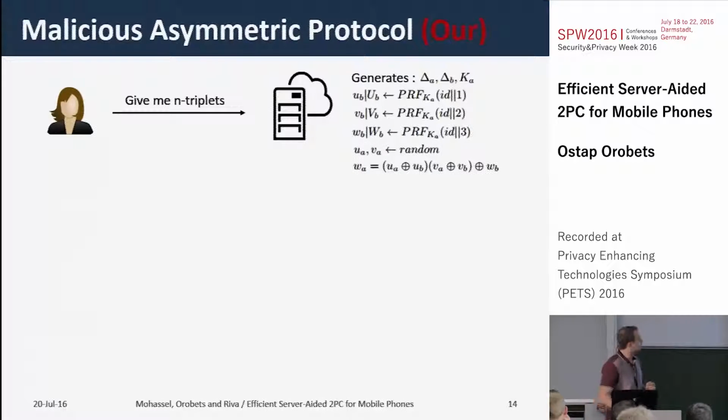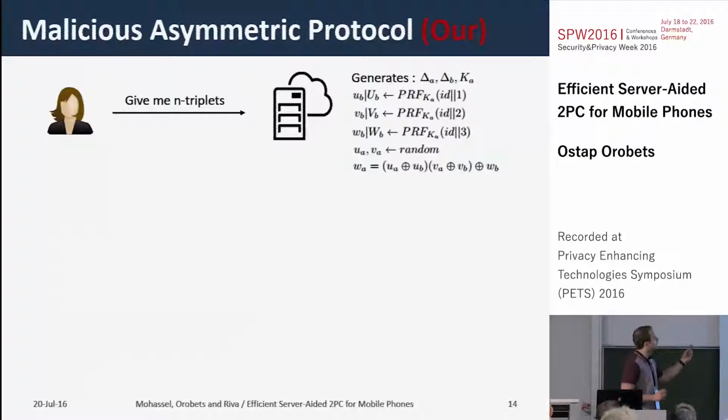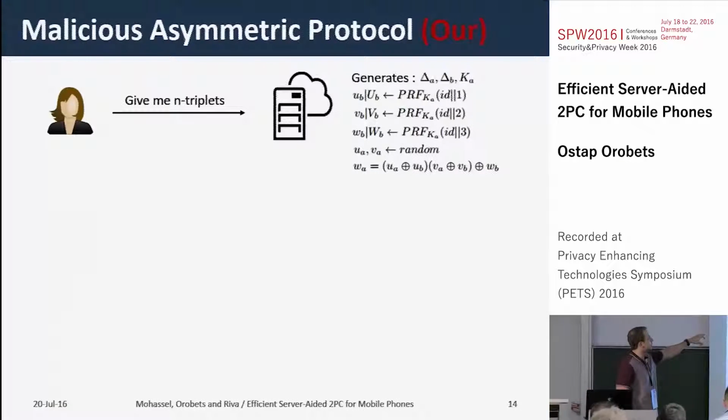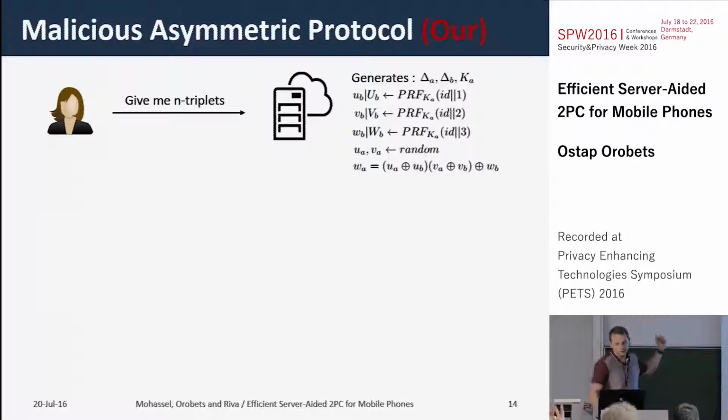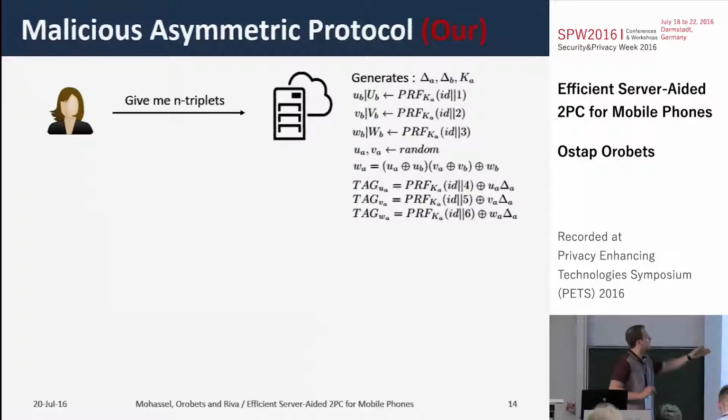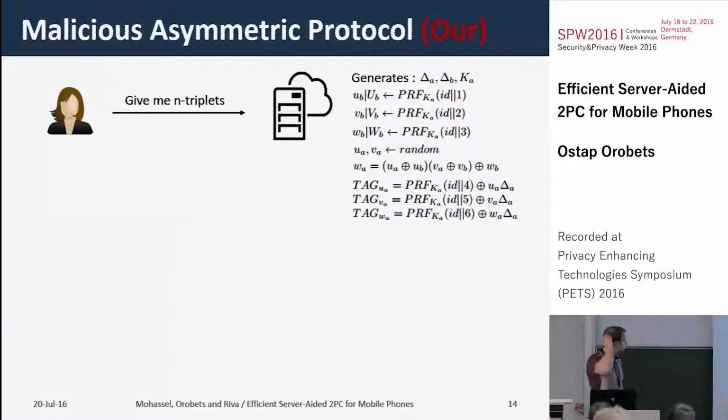Then he picks at random Alice's shares and sets the last value WA for Alice's triples. Then he generates tags using Alice's delta key, that PRF and that key KA.